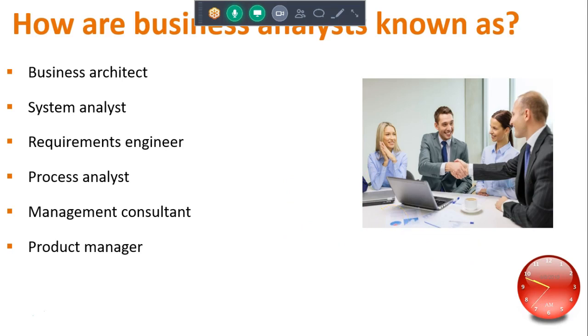But the bottom line is that anybody in the organization could have any of these titles or any of a number of other titles and still be responsible for doing business analysis.